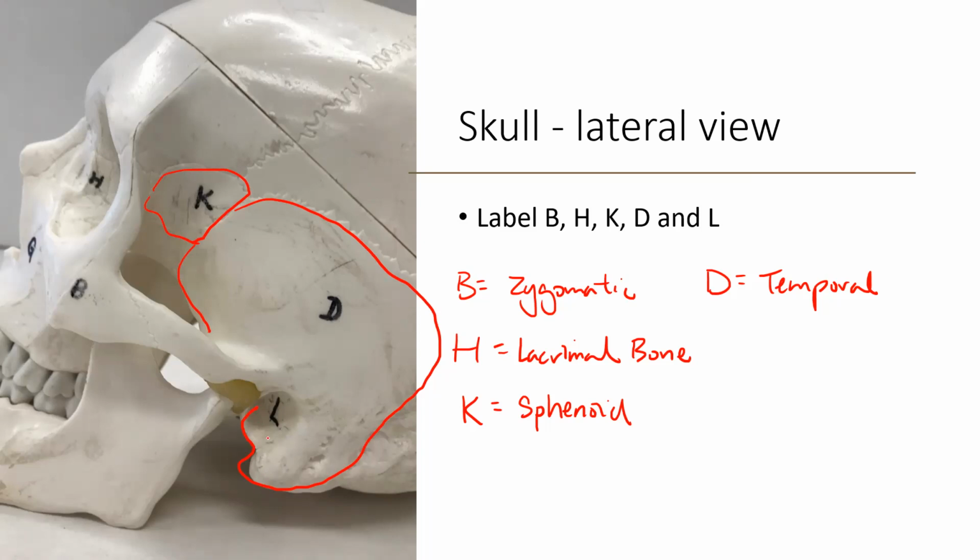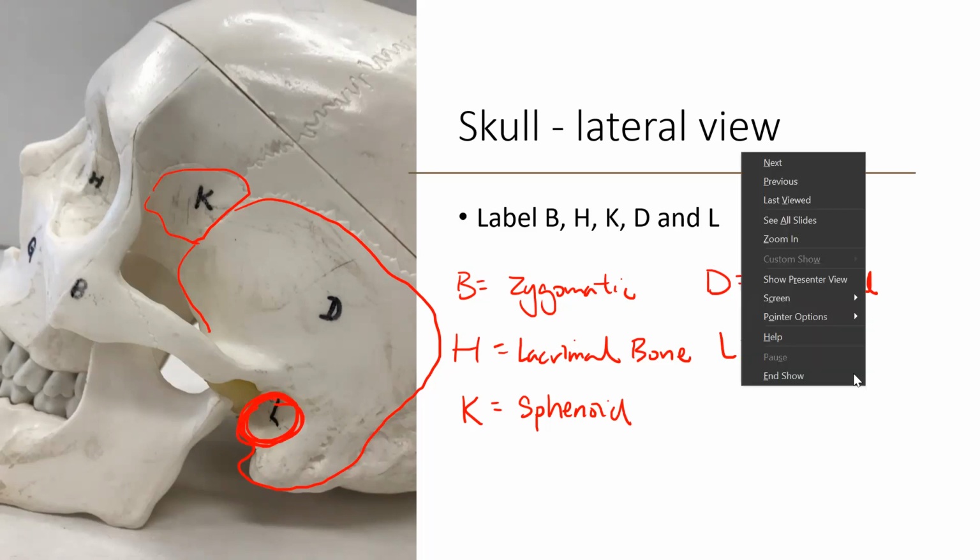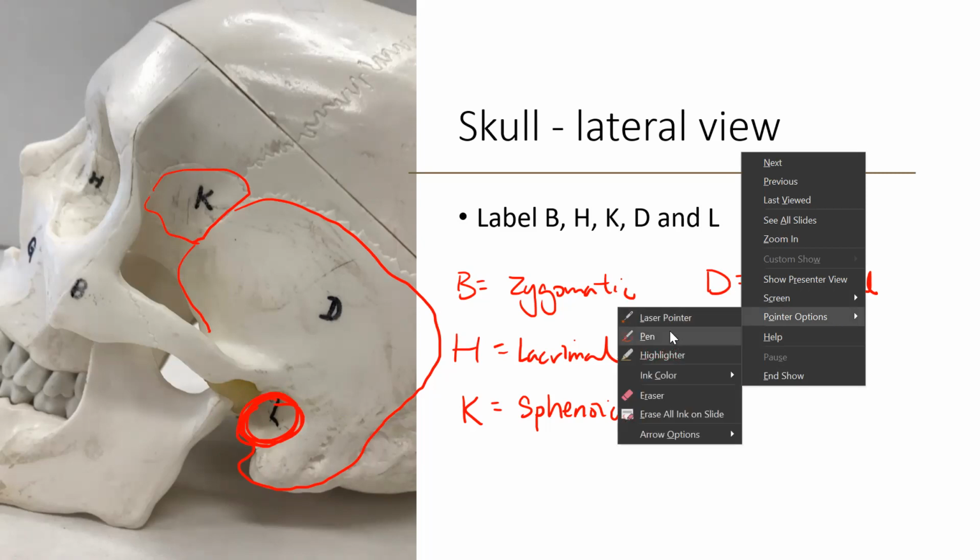Okay. What about L here? Can someone tell me what L is? It's part of your temporal bone. But what is that? I'm not sure. Is it petrous part? Yeah, it's part of the ear.